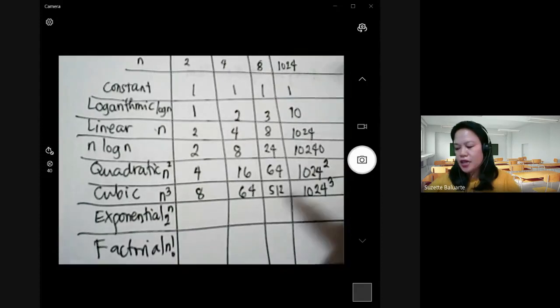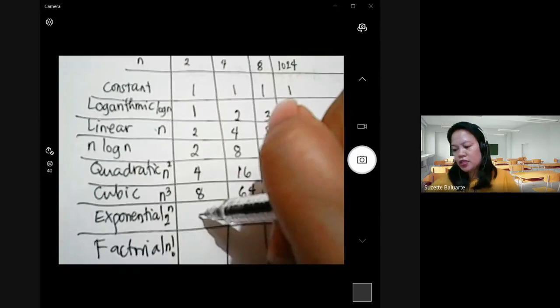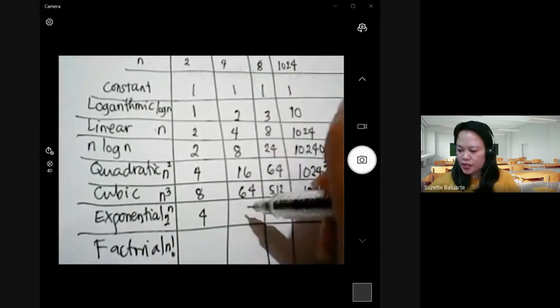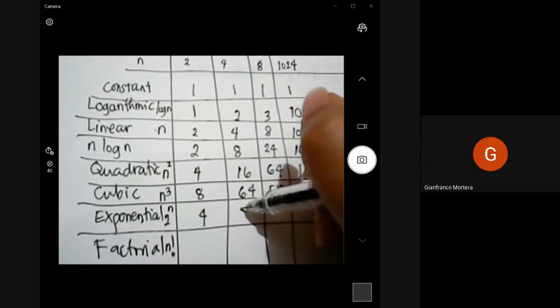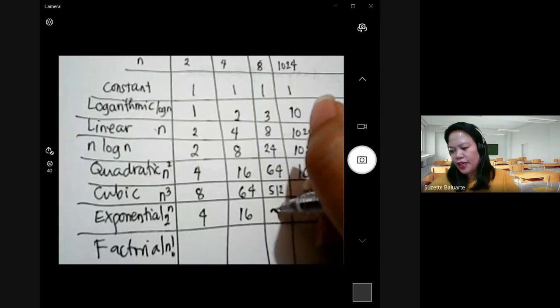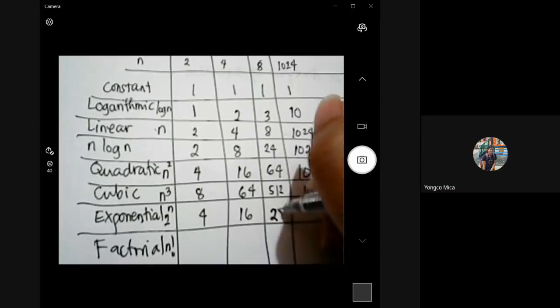Okay. How about in exponential? I think you know this one, 2 to the power n. So 4. This one? 16, correct. This one? What is 2 to the power 8? 256.